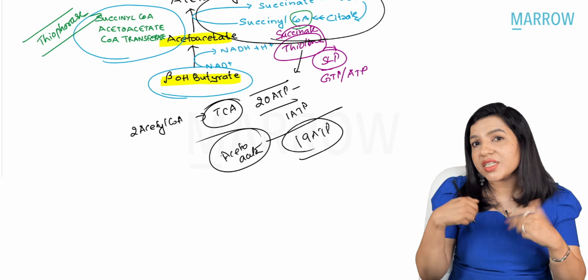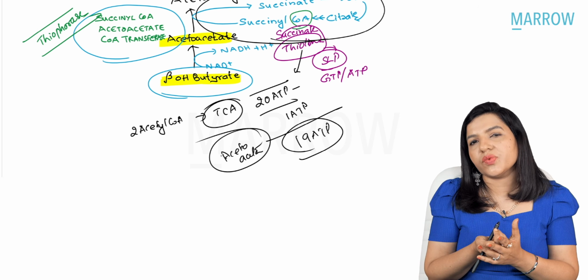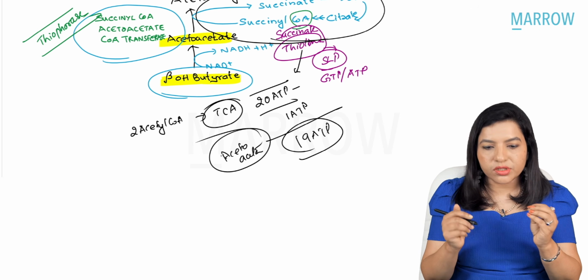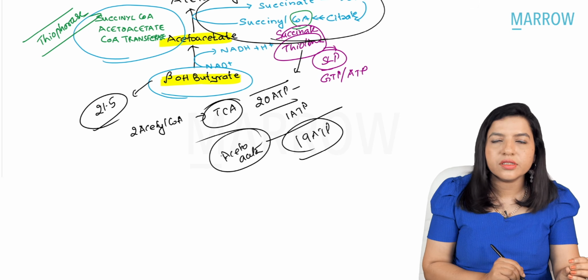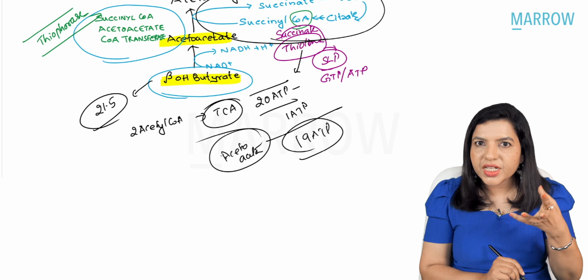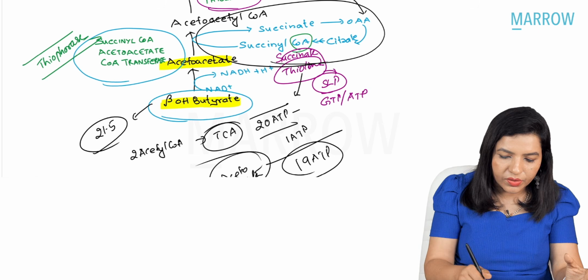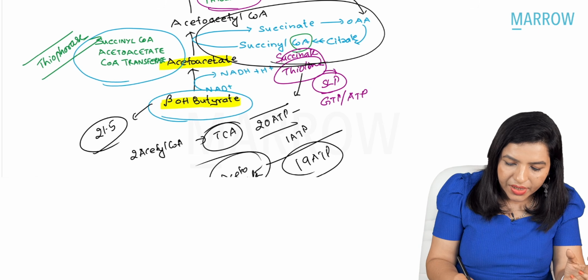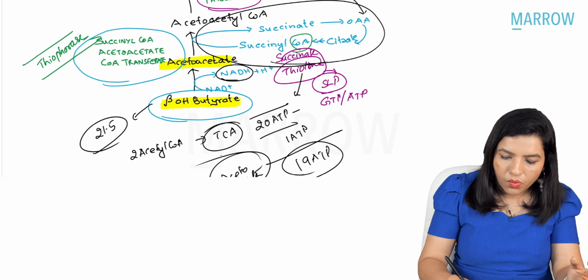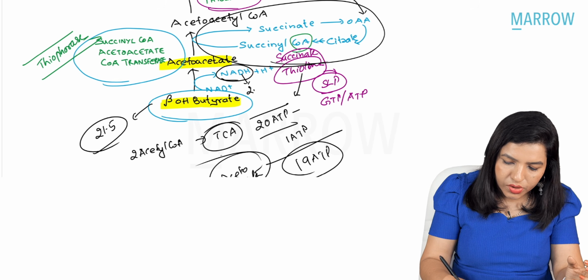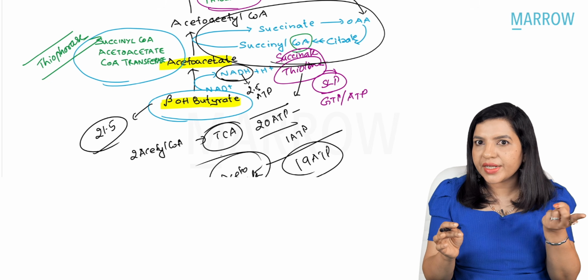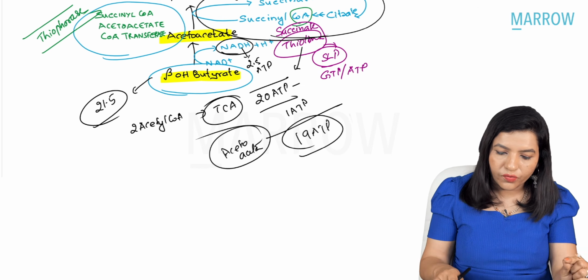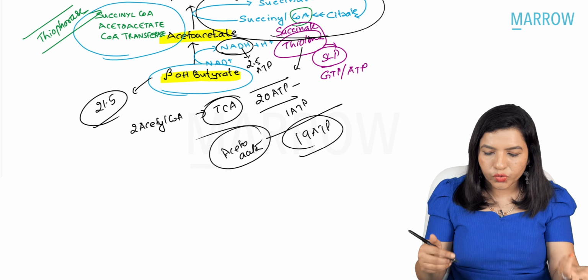Okay, so from beta hydroxybutyrate, how much will we get? We'll get 21.5. Why? Because beta hydroxybutyrate on conversion to acetoacetate produces 1 NADH, and we know that 1 NADH gives 2.5 ATPs. So from acetoacetate we are getting 19, and from that we are adding one more 2.5.